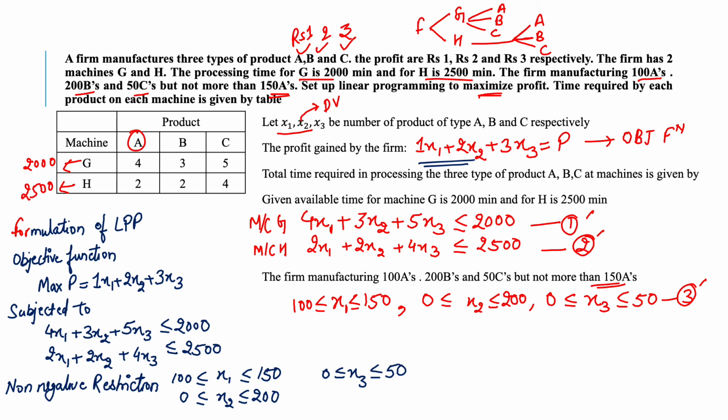So that's how we will formulate our linear programming problem: objective function, constraints, and non-negative restrictions on my decision variables x1, x2, x3. Okay, that's all for today's lecture. Thank you.